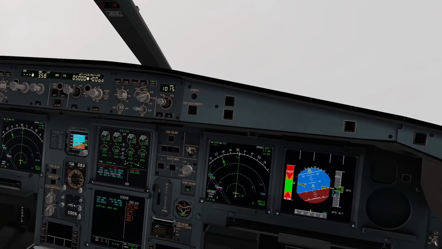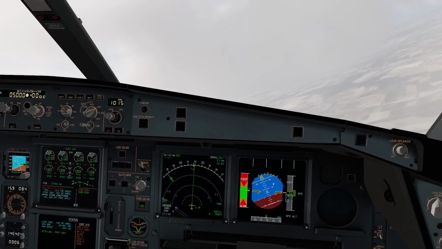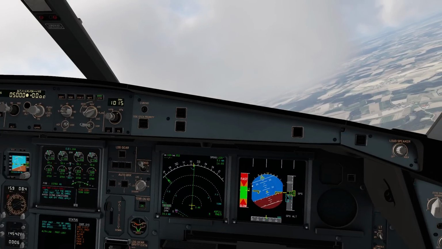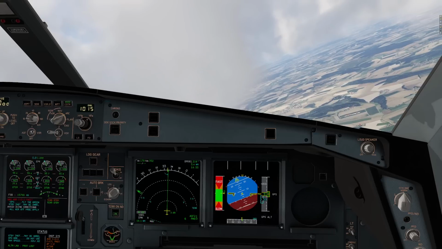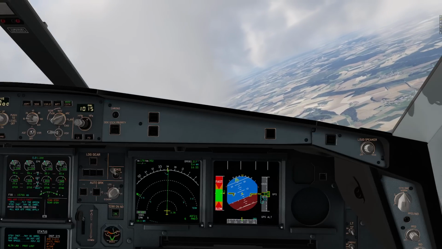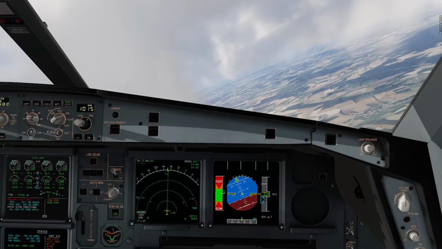Also at this point, it is worth noting that our airplane is in alternate law right now. We can see that up here from those axes on the ADI. And it is quite important that we are in alternate law, because we are flying a protected airplane.